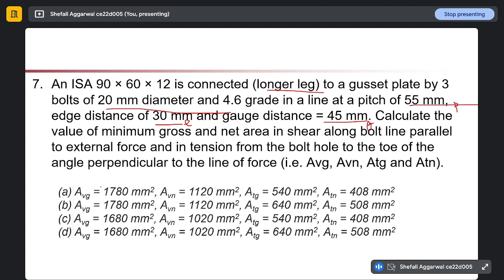So calculate the value of minimum gross and net area in shear along the line parallel to the external force, and in tension from the bolt hole to the toe of the angle perpendicular to the line of force. So we have to calculate these 4 areas. As we have seen before, AVG and AVN are in the direction of force, and ATG and ATN are in the direction perpendicular to the force. So we have to calculate all four areas.